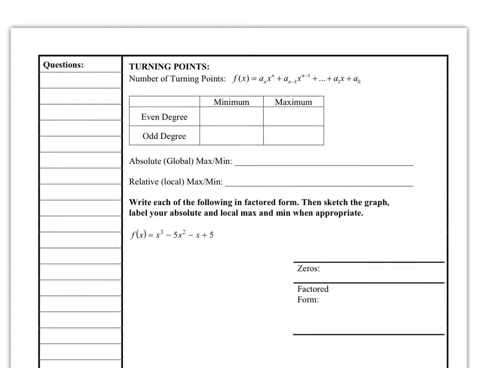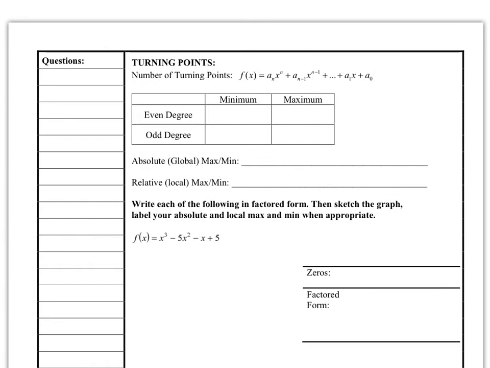So we're just kind of recapping here, and then we're going to see a couple examples, and we're going to use the calculator to help us factor. Okay, so we've got the number of turning points on this polynomial that has a degree of n. So an even degree must have a minimum of 1, maximum of n minus 1.